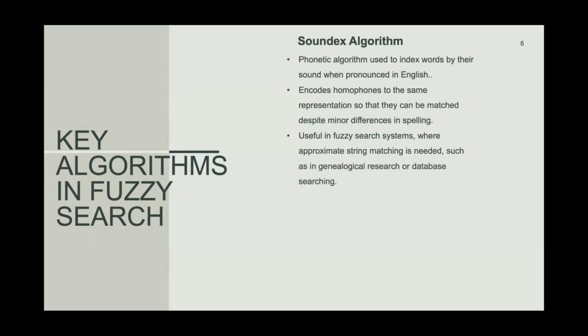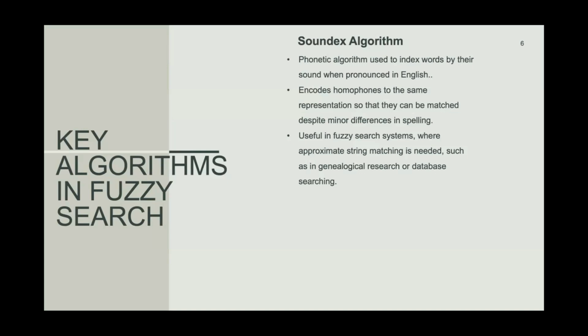Then we'll go to the Soundex. Now, this is a phonetic algorithm used to index words by the sound they produce in English. The goal is to encode homophones to the same representation, allowing for matching despite minor spelling differences. This is particularly valuable for handling variations in names and terms.